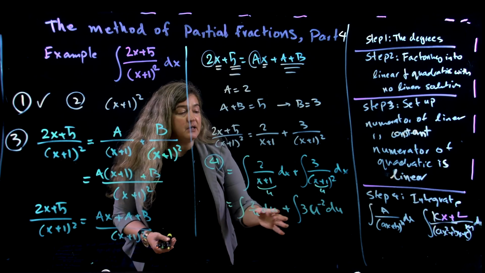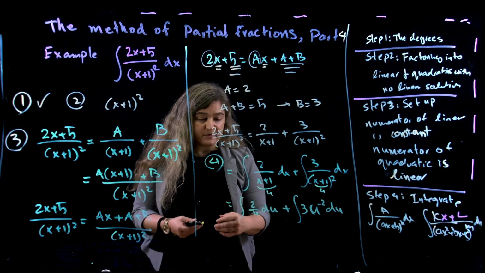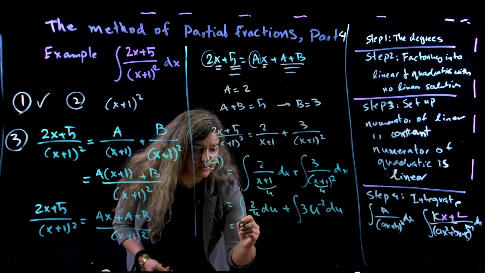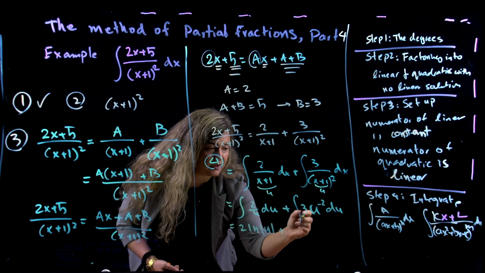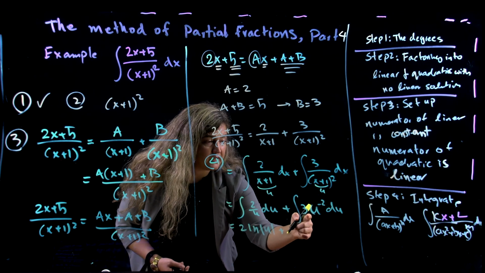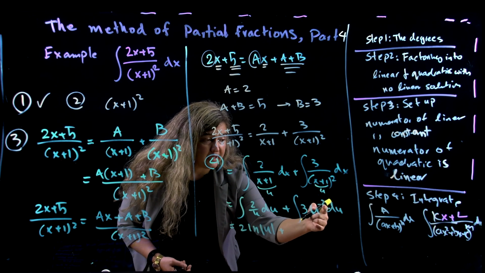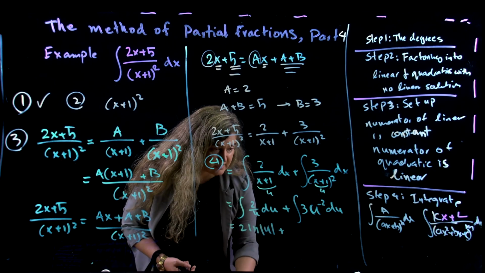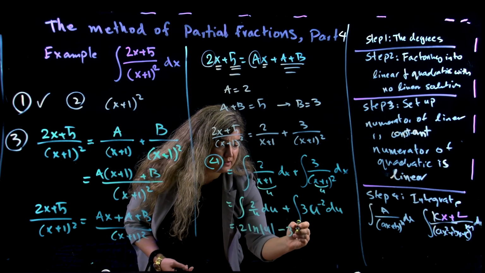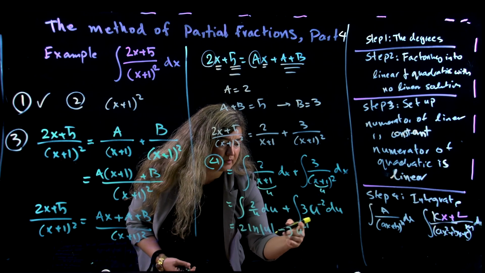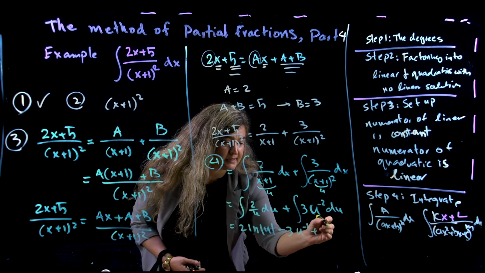And so that gives me, for the first one, 2 natural log of u plus, and this one is 3u to power negative 1, divided by negative 1, so it's a minus 3u to power negative 1, plus c.